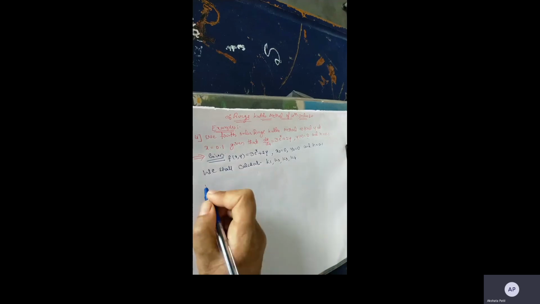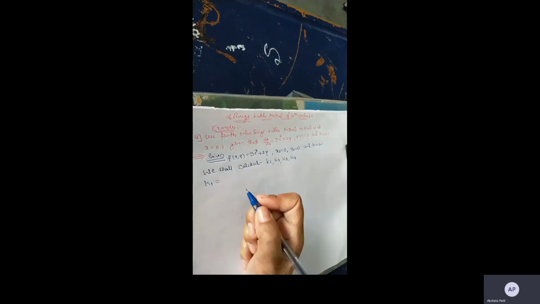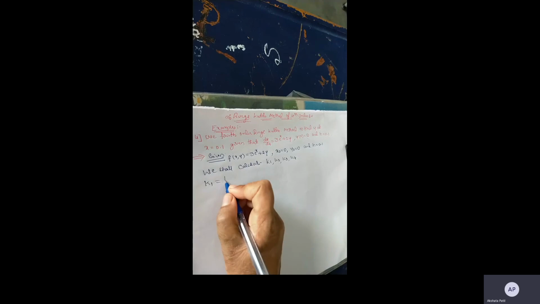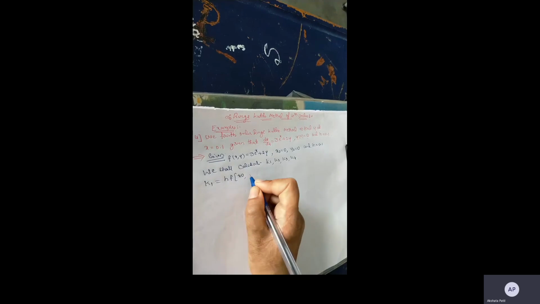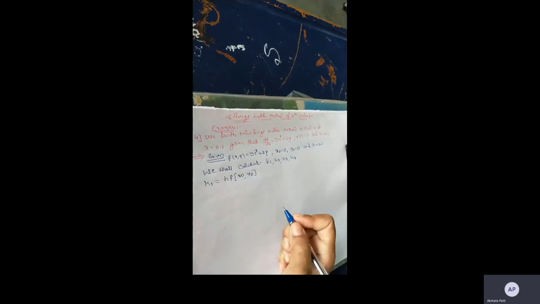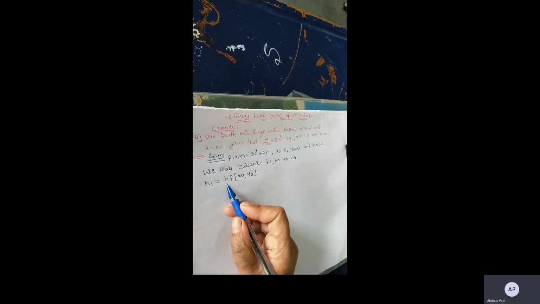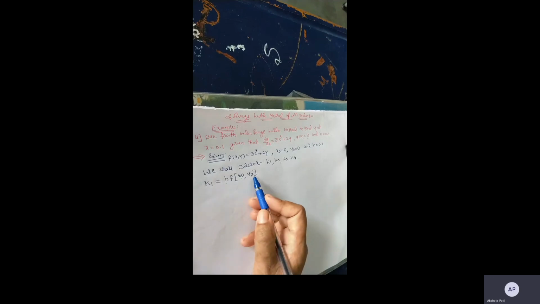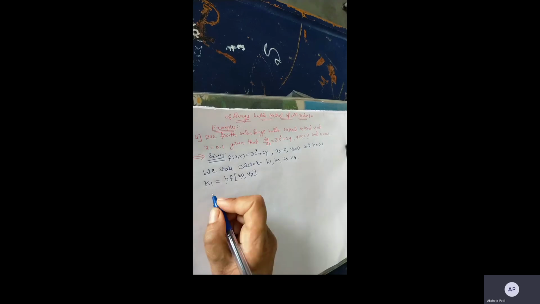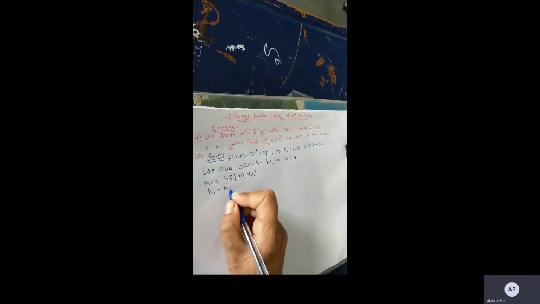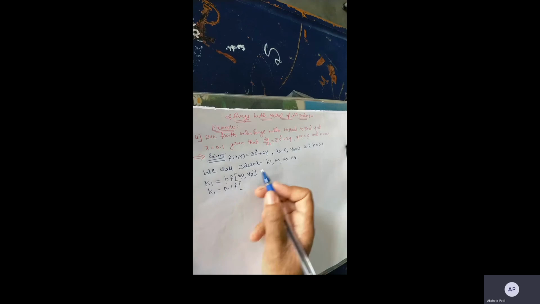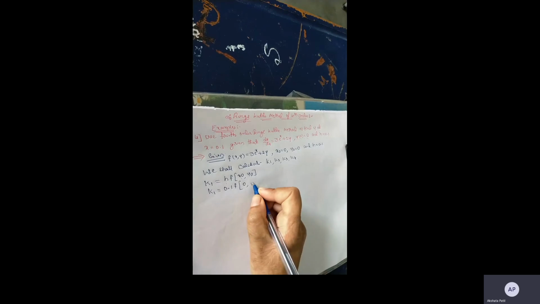First write down the k1 formula. K1 we know is h into the function of x naught comma y naught. We know the values of h, x naught and y naught. Put them into this function and calculate the k1 value. So k1 equals, h value is 0.1, and the function of x0 is 0 and y0 is 0.